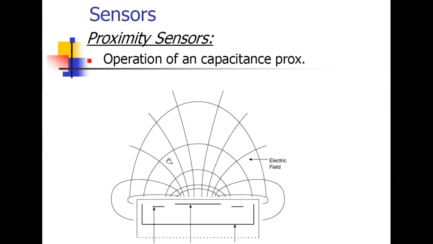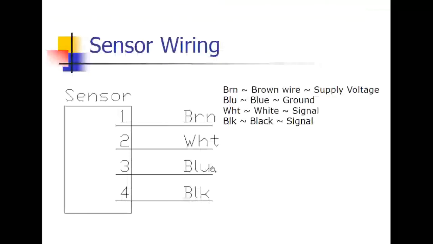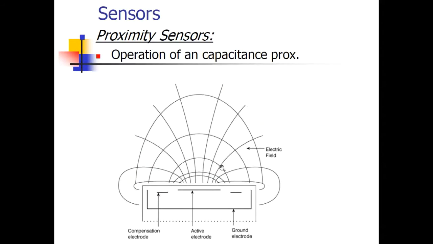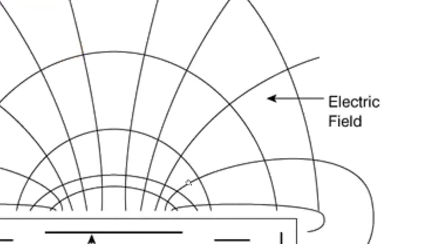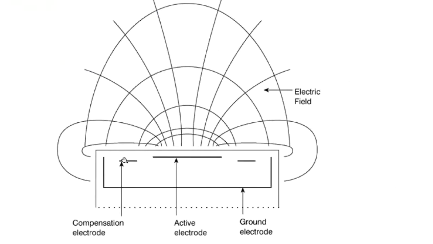All right, so the way these work is they work as a capacitor. If you remember capacitors, if you've had that, capacitors have two electrodes separated by what they call, technically, a dielectric.